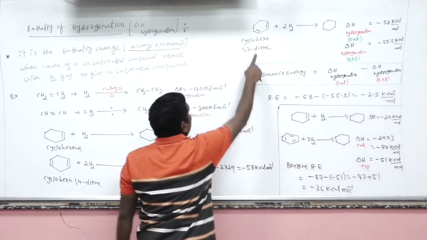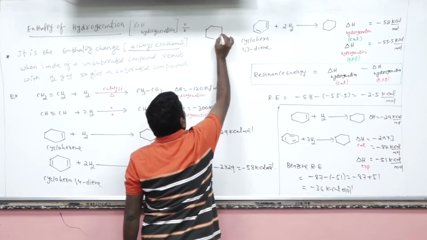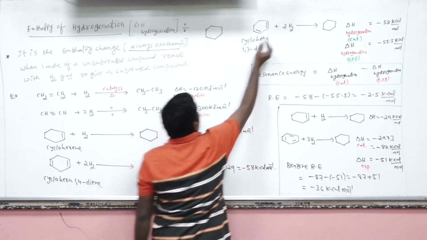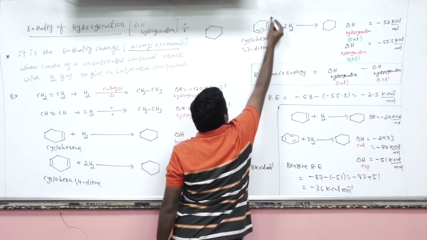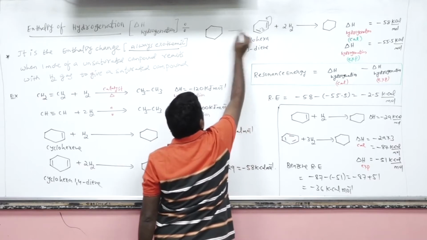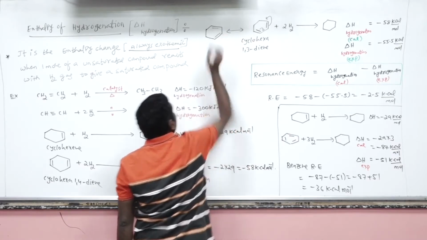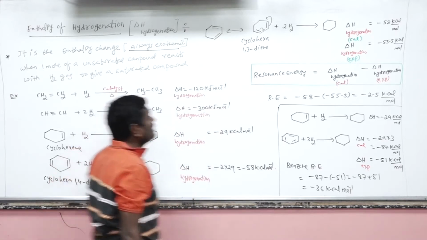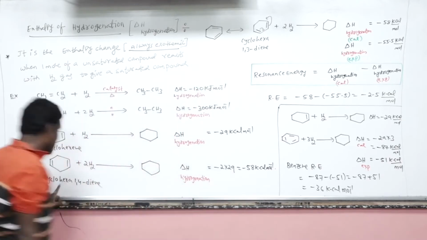Do you know this cyclohexadiene will show resonance if this pi bond comes to this side, this pi bond goes to this side? That means it can show resonance. This pi bond comes to here, this pi bond comes to here. So due to resonance of two equivalent resonating structures, this species is relatively more stable as compared to this species.